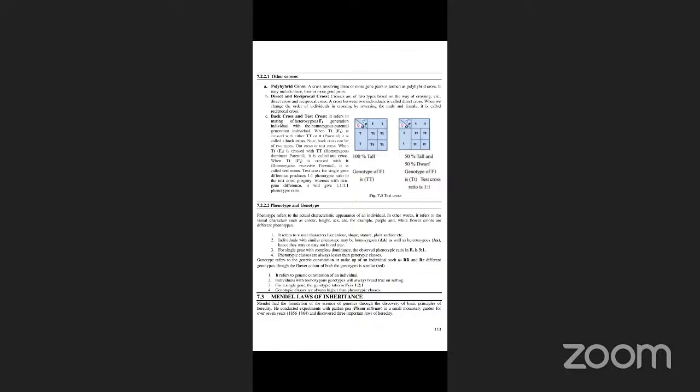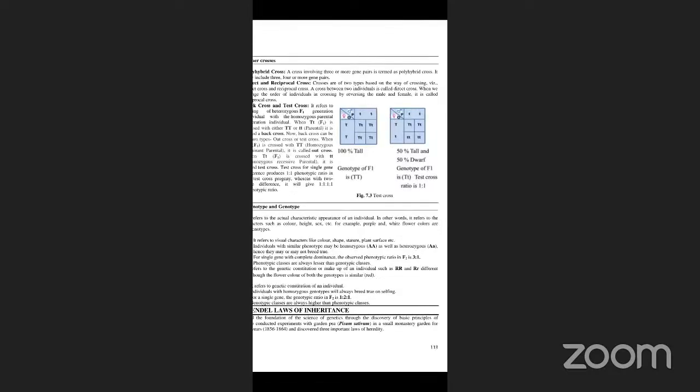Then in the test cross, this heterozygous progeny is crossed with the homozygous recessive parent. That is called test cross. That is capital T, small t is crossed with small t.